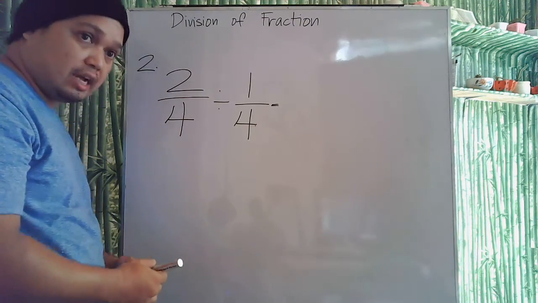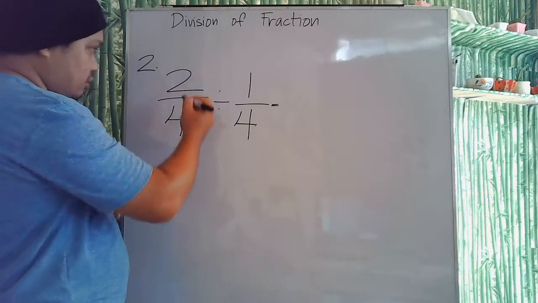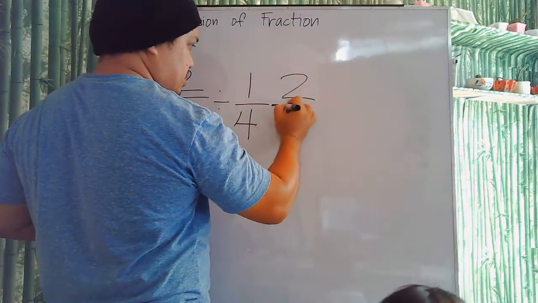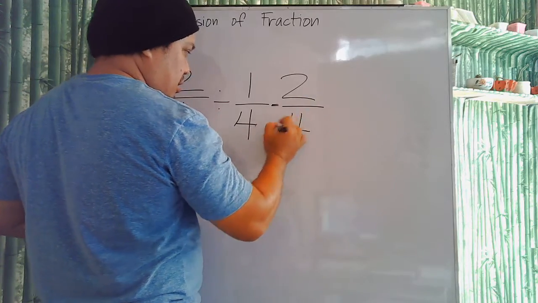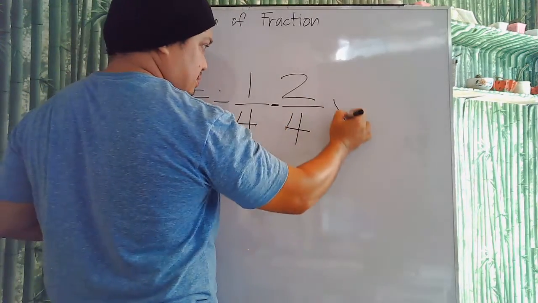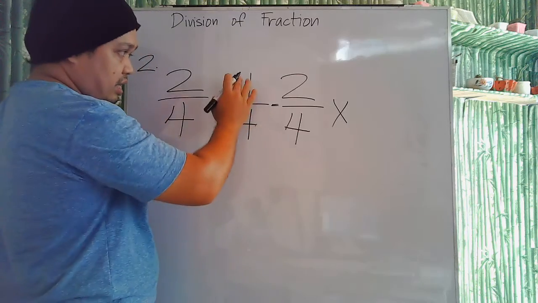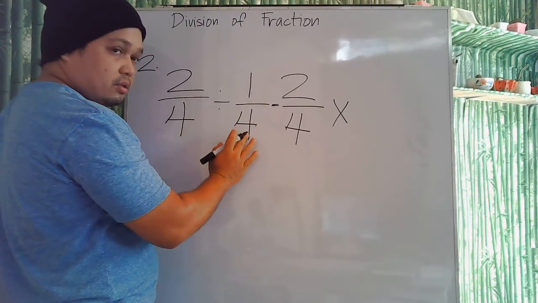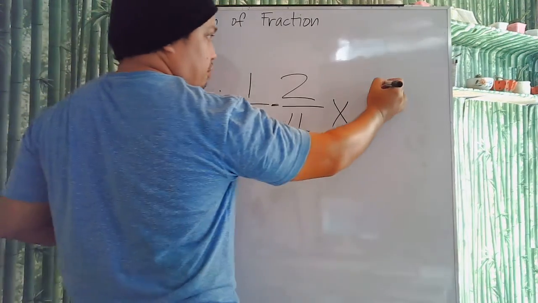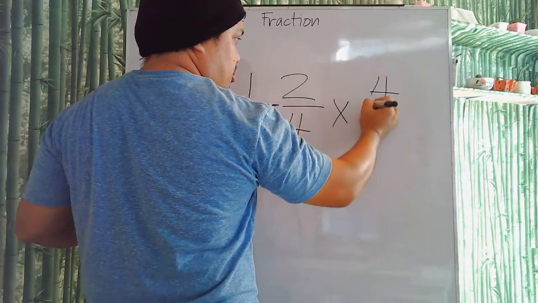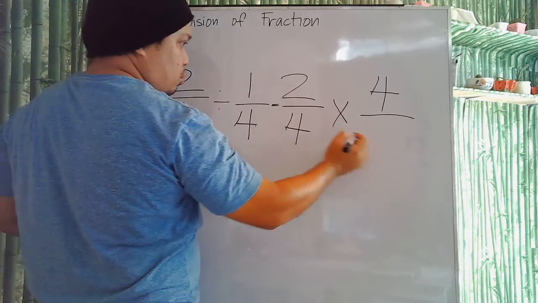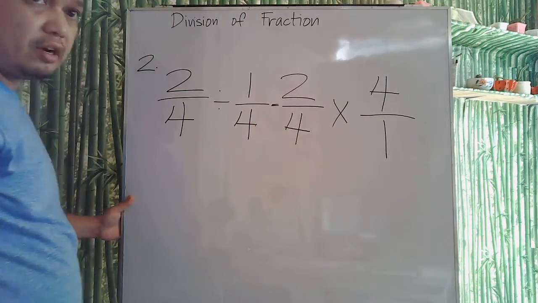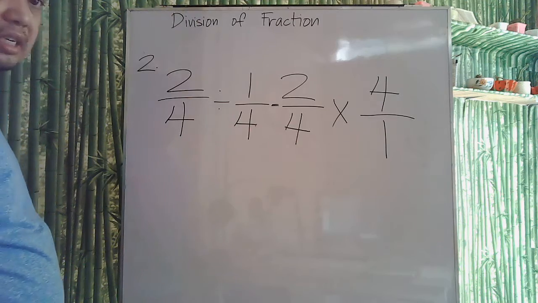So we copy the fraction which is 2/4, and multiply it by the reciprocal of this fraction. So 1/4 will become 4 for the numerator and 1 for the denominator. Just simply invert the fraction. That is its reciprocal.